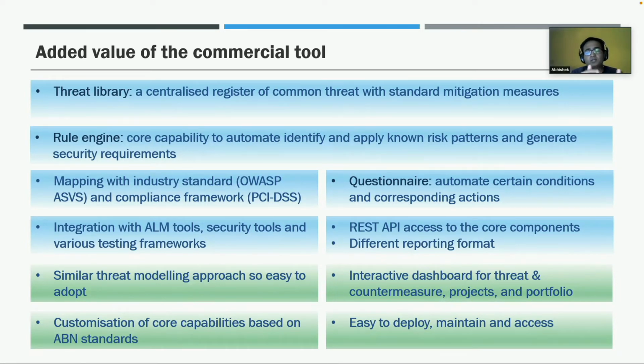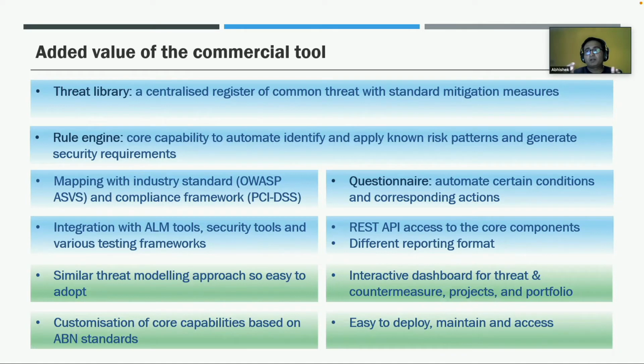So after the analysis of identified threats and the countermeasures, they can apply these standards on those countermeasures, which can help them to prioritize the countermeasures which they should apply or implement first.